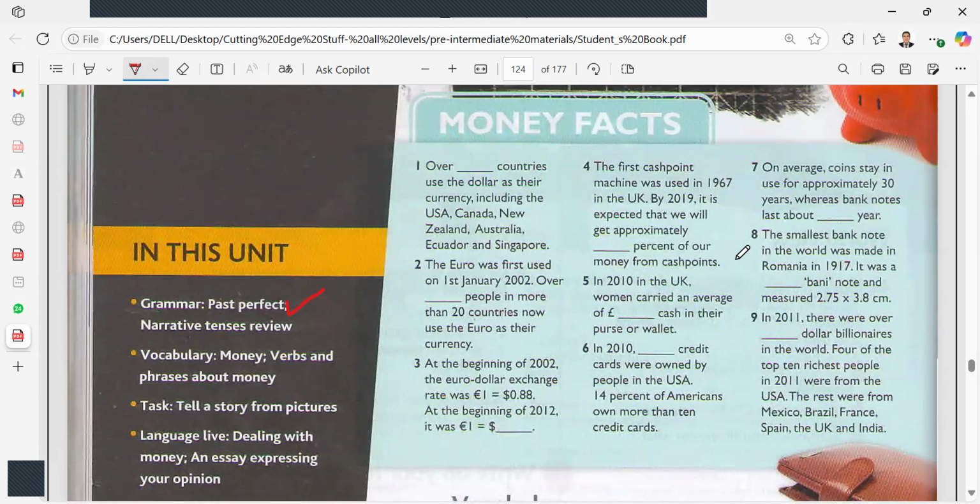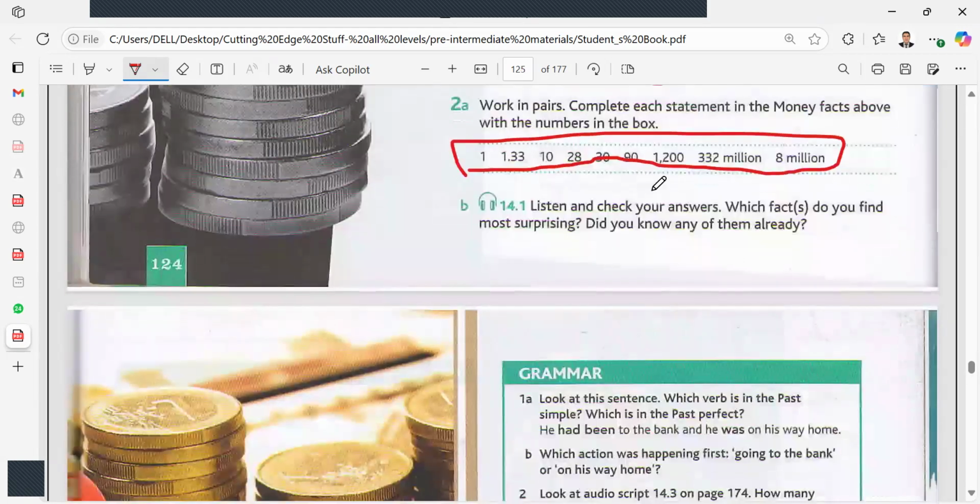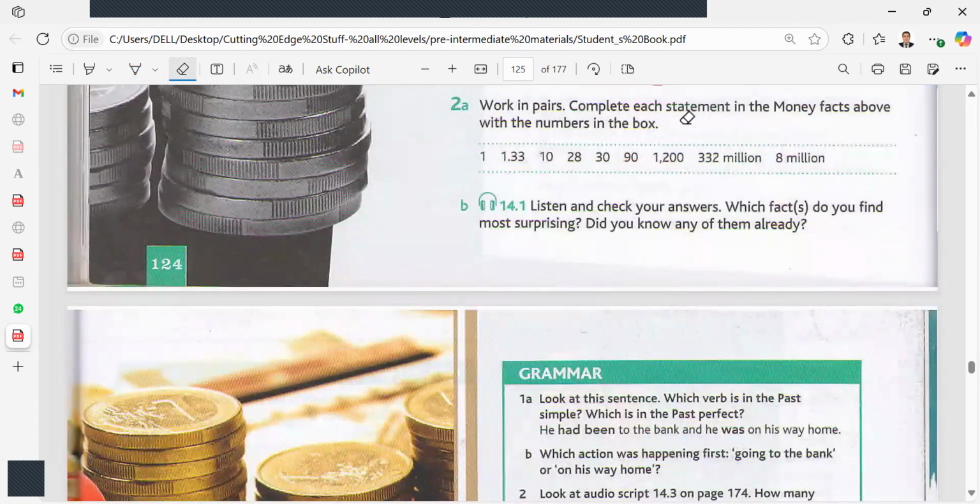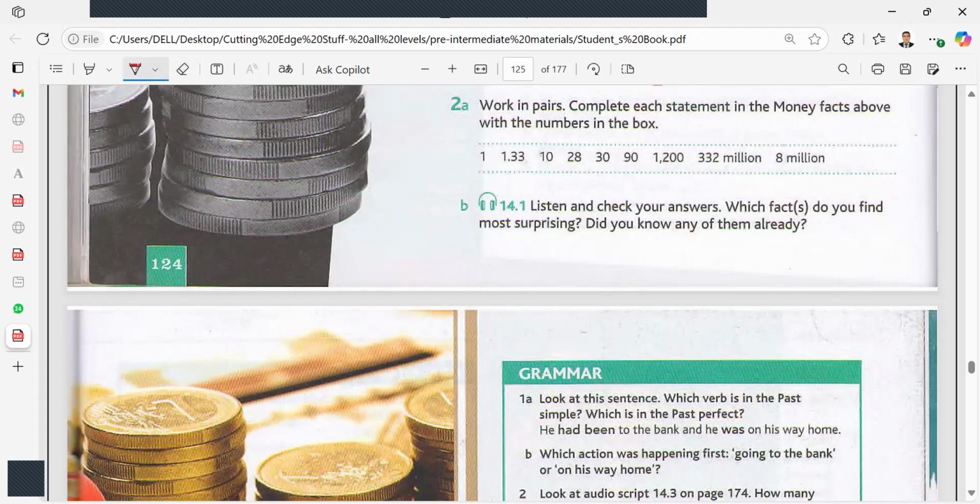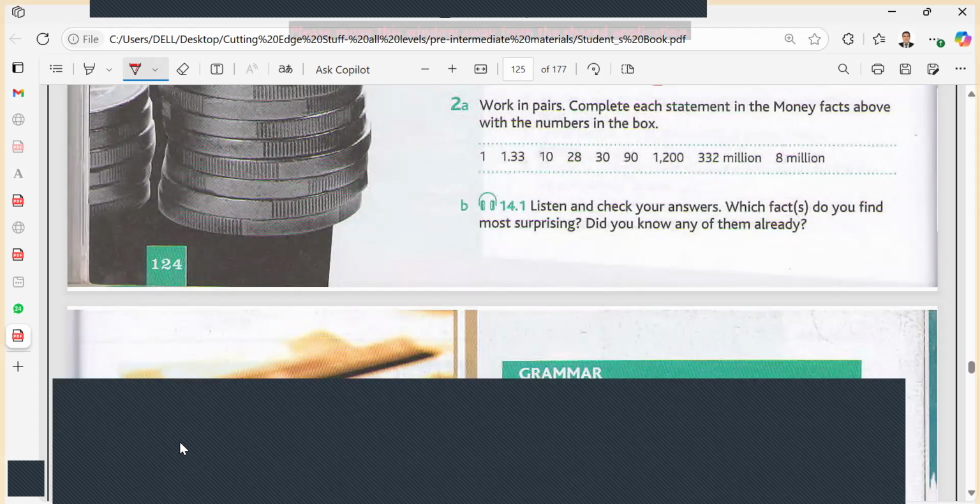Okay? Ready? So read them quickly before you listen. 1, 1.33, 10, and so on. Listen and check your answers. Which facts do you find most surprising? So let's listen and complete the statements.